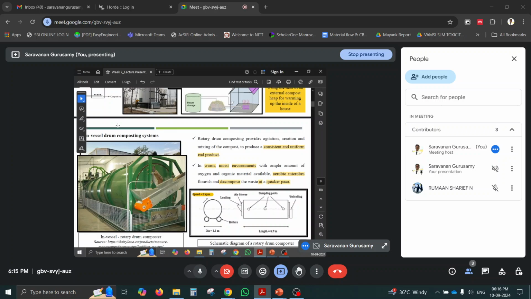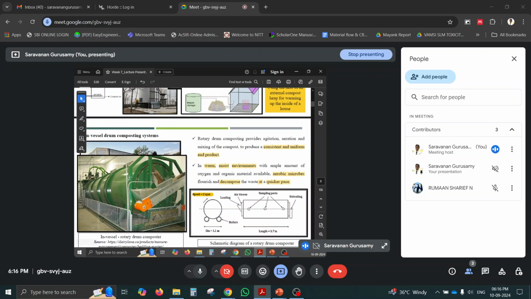Okay, this is one type of in-vessel drum composting. You can see here a rotary drum composting provides agitation, aeration, and mixing of compost. Here the drum itself will rotate. Instead of mixing through an auger, the drum itself will rotate in slow motion, like 2 rotations per minute. That is very slow speed.